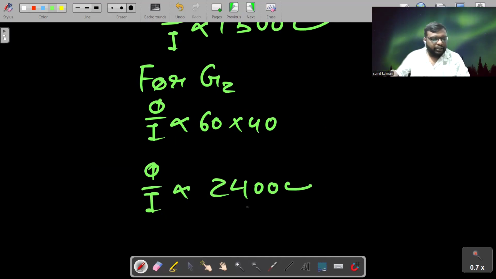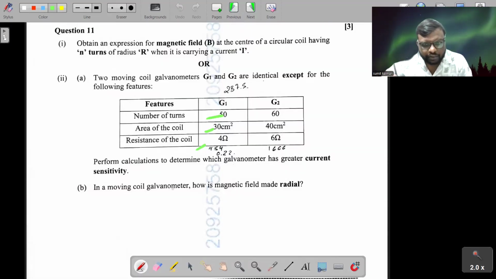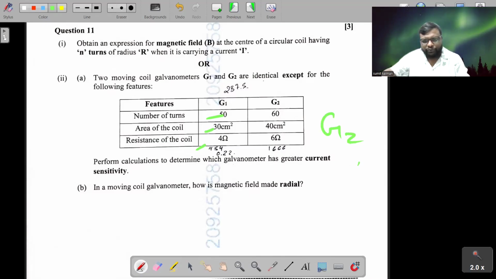So students, phi upon I is greater for G2. So current sensitivity will be greater for the second galvanometer, that is G2, because phi upon I is greater for G2 as compared to G1.